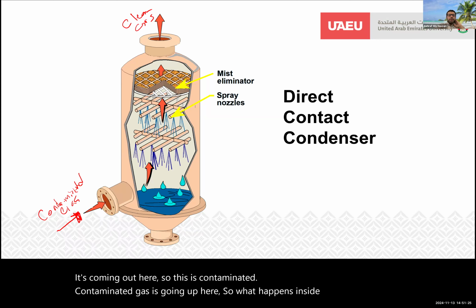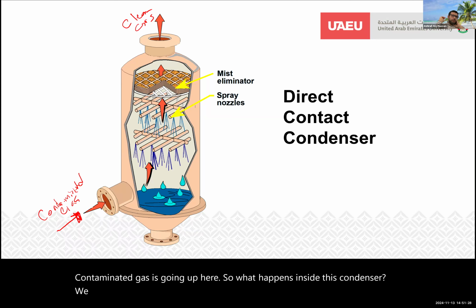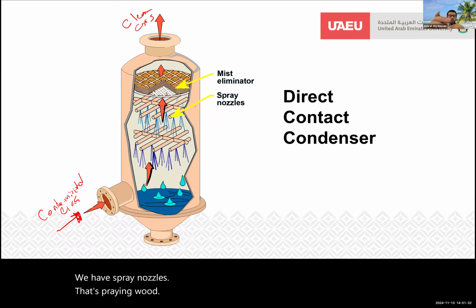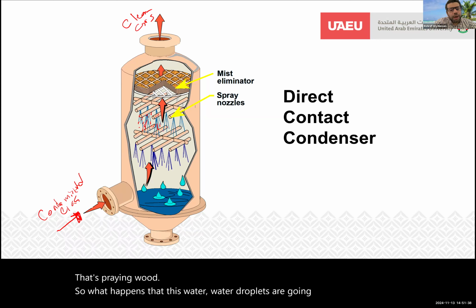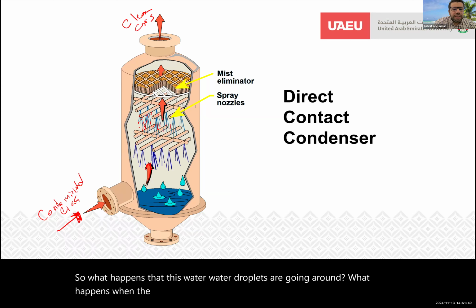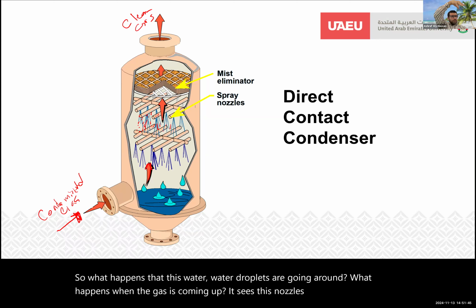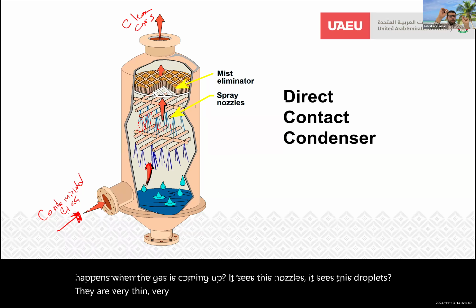We have spray nozzles spraying water, so the water droplets are going around. When the gas comes up, it sees these nozzles and these droplets. They are very thin droplets. So the gas is coming up, the droplets are going down.